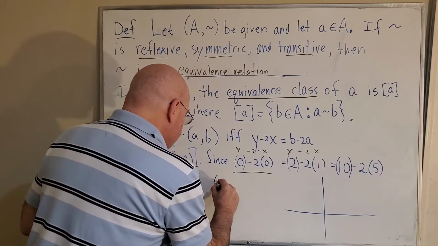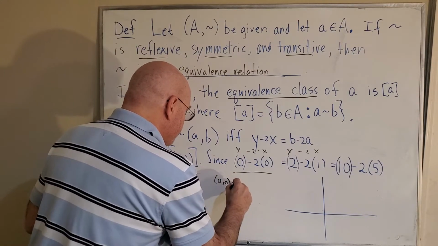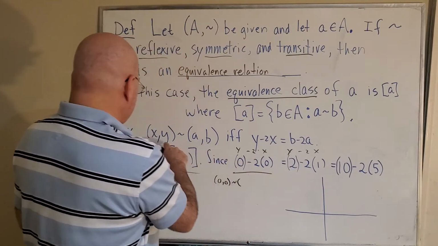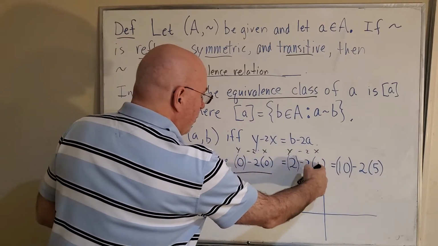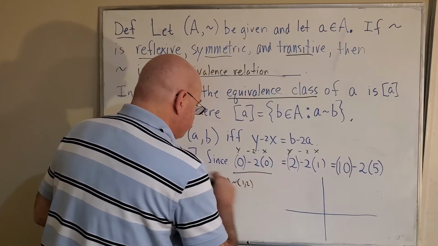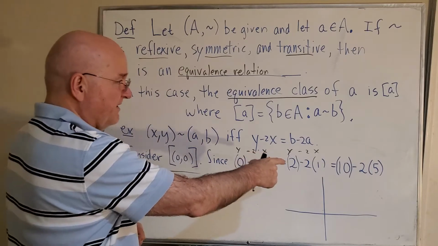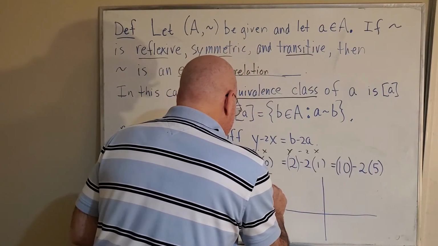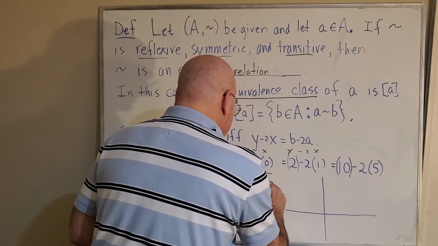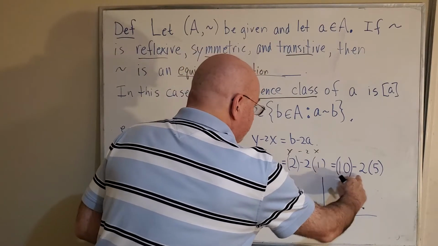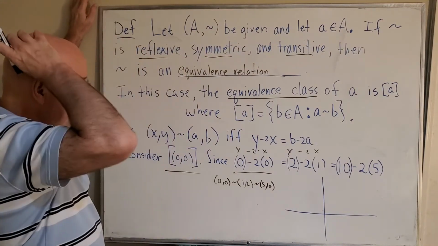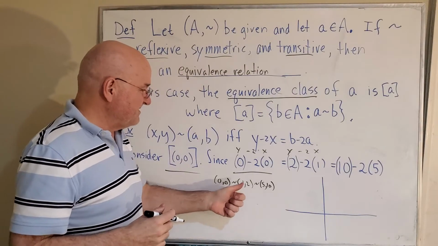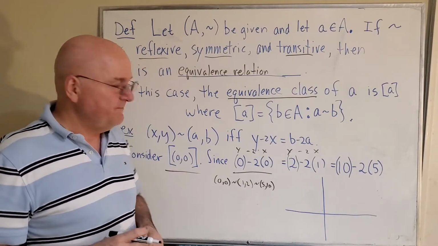So (0, 0) is related to, let's see what order we go, (x, y), (0, 0), (1, 2). And I got another ordered pair, (5, 10), because this is equal to 0. And we could come up with an infinite number of them. And I don't know if I've ever seen it like this, where you put this one relates to this, which relates to this, but I think that's valid.